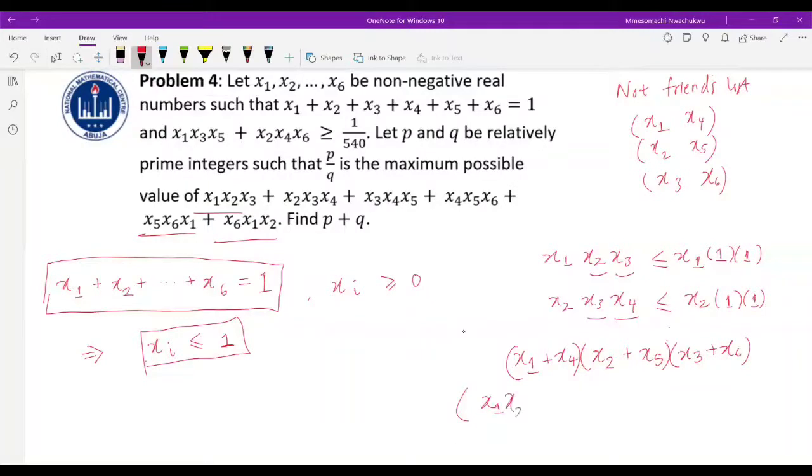So x1 times x2 plus x1 times x5, plus x2 times x4, plus x4 times x5, into x3 plus x6.